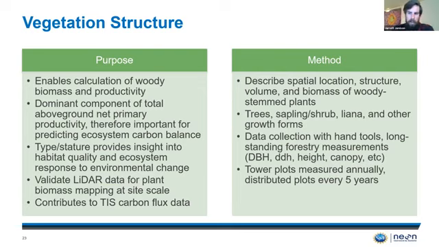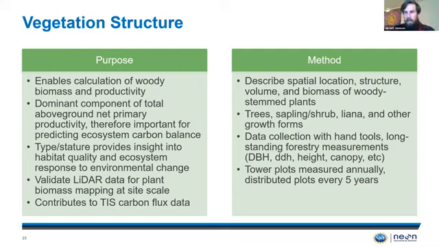Understanding changes in woody biomass stocks and fluxes is therefore an important prerequisite for predicting ecosystem carbon balance. Recording the types and stature of woody species also provides insight into habitat quality and ecosystem responses to environmental change.